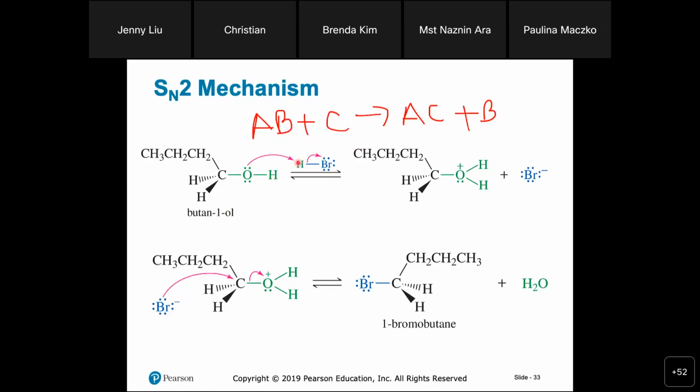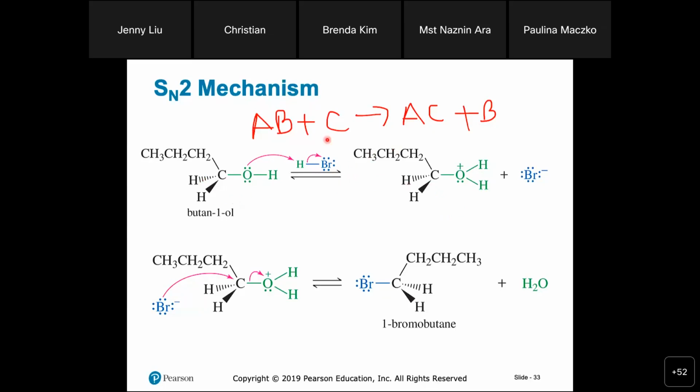Here the nucleophile attacks directly, the leaving group leaves, and the nucleophile is added. So bromide ion will be added here. Whereas in substitution one we saw step by step, in substitution two we see a single, straightforward step.